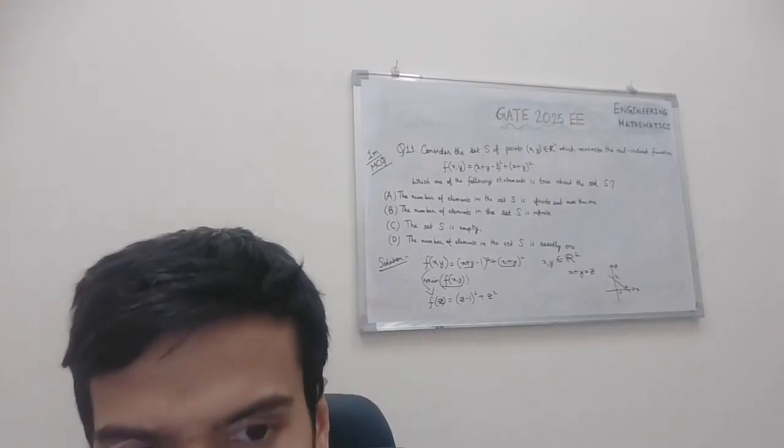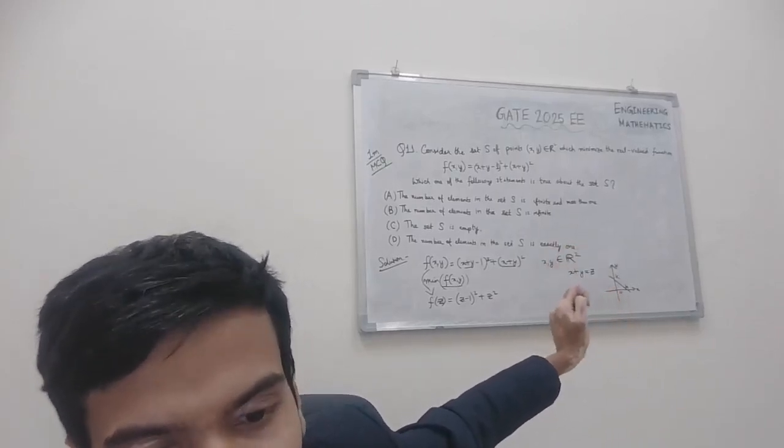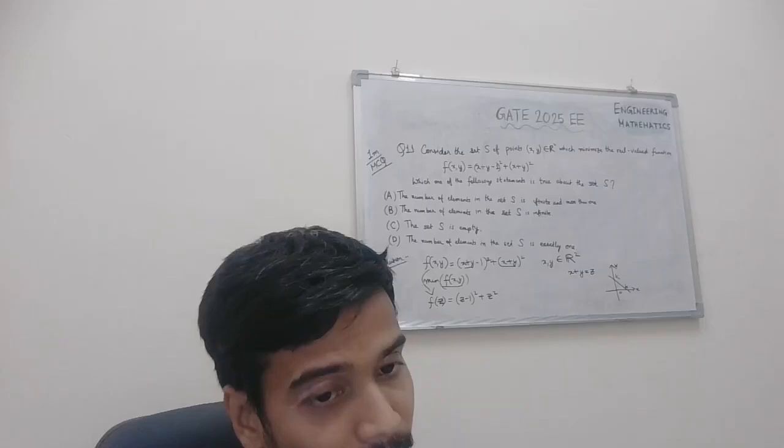If there were some other combination, then the second order derivative and first order derivative method would have to be applied. But as the terms are like this, we can apply this trick.